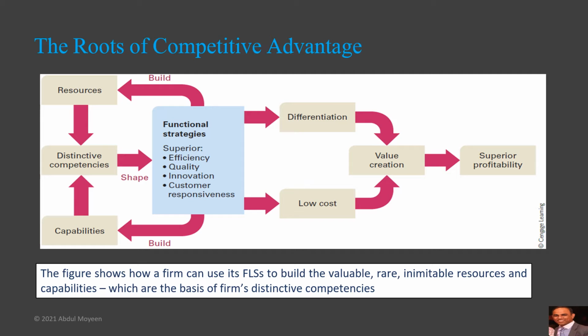Now, if Apple is able to lower its cost structure, then Apple will also be able to create value compared to its rivals. For example, if their cost is low in producing the product, they will be able to offer the product at a cheaper price. That is how, by being a differentiator and by being a low-cost provider, Apple is creating value in both ways.